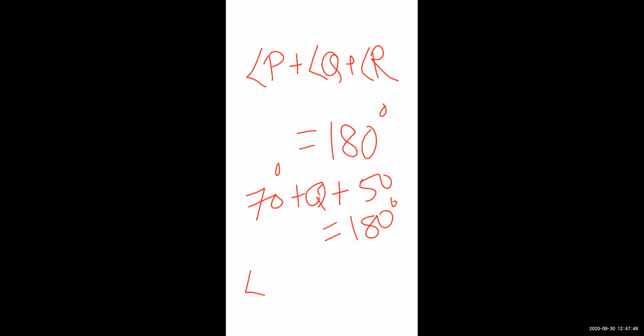To find angle Q, we have to subtract 70 and 50 from 180. The addition of 70 and 50 is 120. So we subtract that from 180, and you will get angle Q as 60 degrees. Now we have got angle Q also.